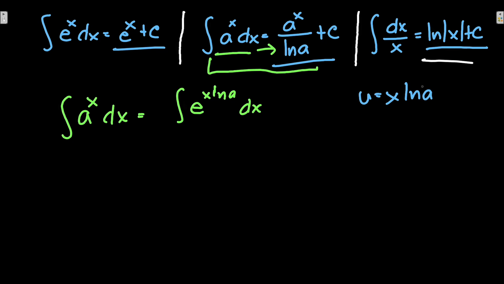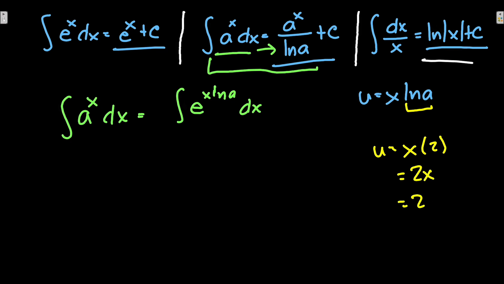When taking its derivative, first we must know that ln of a is basically just a constant, because when you input ln of 2 or something, it will give you a constant. So this is basically like x multiplied by 2, and the derivative of 2x would be equal to 2.